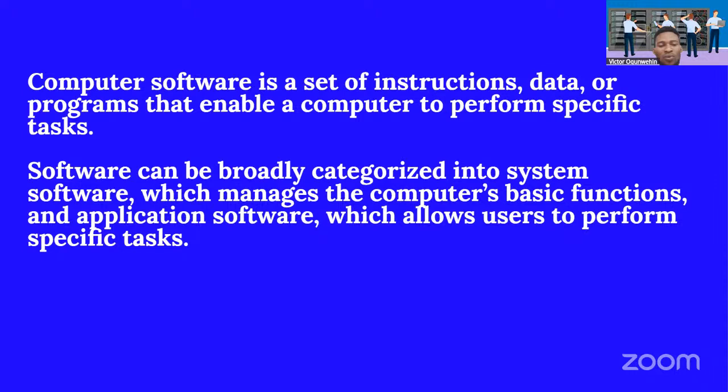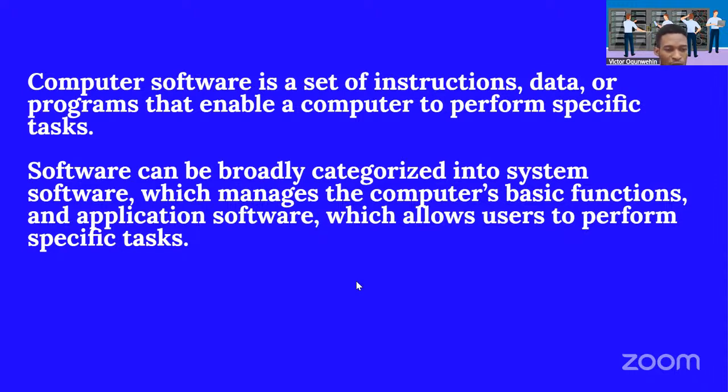That is why we call it instructions. So basically, no specific task can be carried out on the computer without software. It's like the guide that has been programmed by the computer manufacturer. As we proceed, I will shed more light on that.